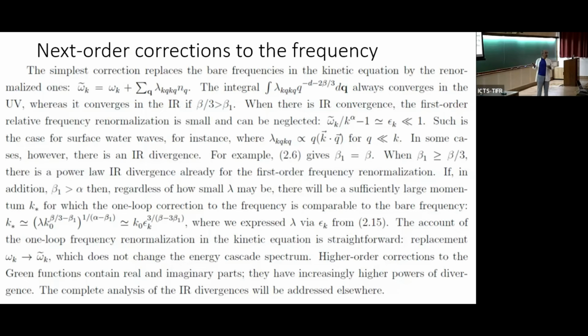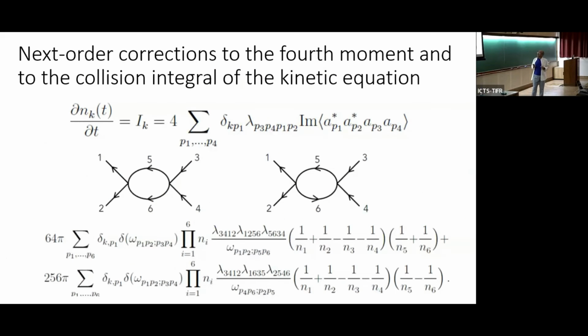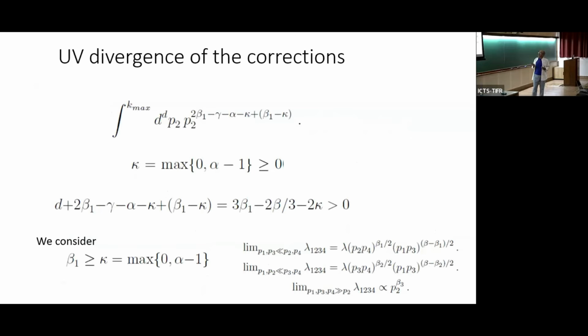You find that there are cases in which this integral diverges. And yet, for water waves, for example, you find that it converges. There is nothing non-trivial. These corrections are small as long as your dimensionless parameter of nonlinearity is small. And then we do lambda. Again, there are two diagrams in the first order, which are corrections of lambda squared.